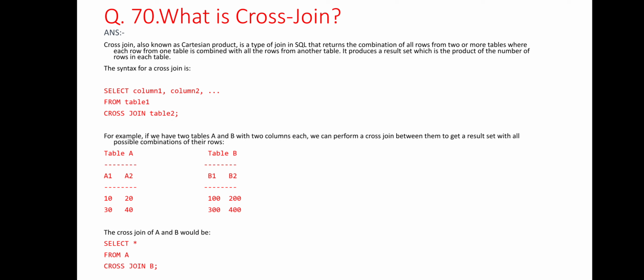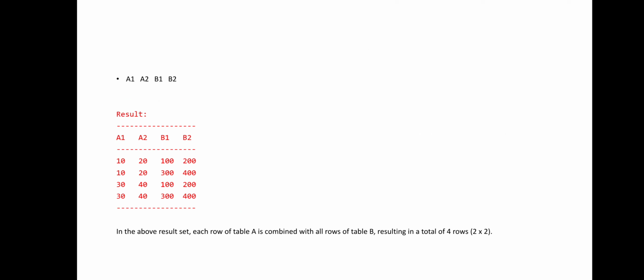The cross join of A and B would be select all from A cross join B. This would result in A1, A2, B1, B2. In the above result set, each row of table A is combined with all the rows of B, resulting in a total of 4 rows, a 2x2 matrix we would get.